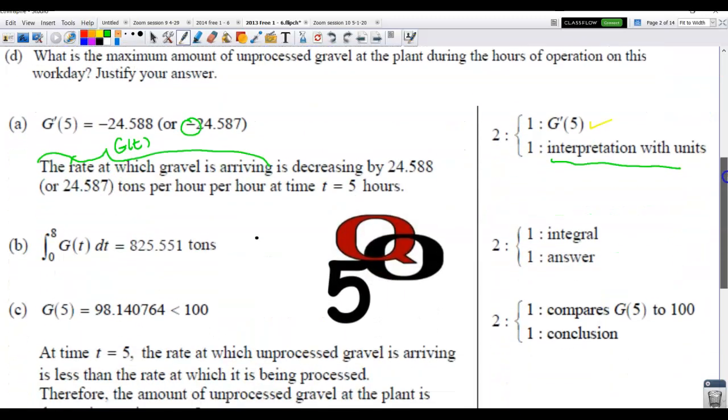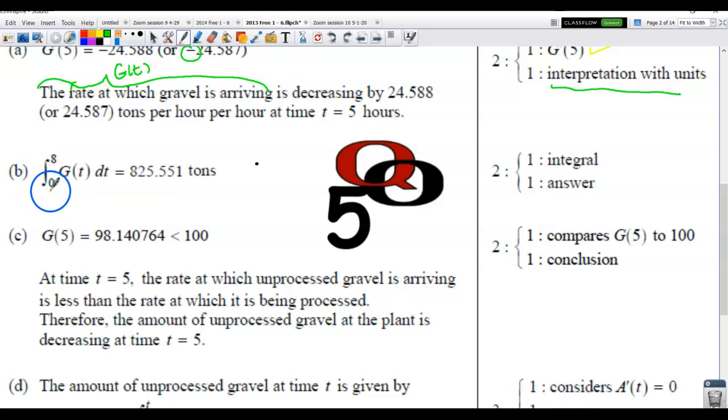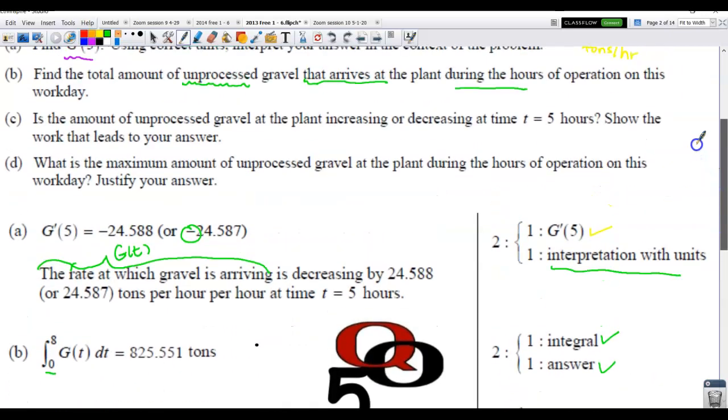So we're going to accumulate. Remember, G of t was a rate. We're going to accumulate G of t from 0 to 8, the calculator is going to do that work for us, and we get 825.511 tons. 1 point is for writing the integral correctly, and 1 point is for the answer that you get directly off of your calculator.